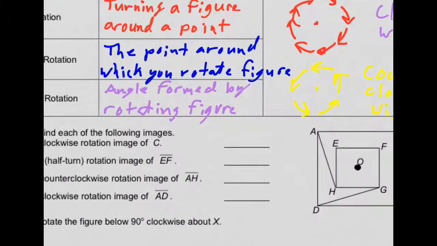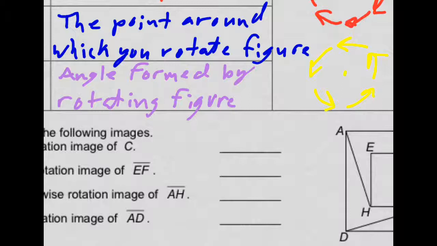What this means is, if I've got my little coordinate plane right here and I've got a star on my y-axis, and then I rotate that star to my x-axis over here, I've rotated that star around the point of origin 90 degrees. And so that's my angle of rotation.